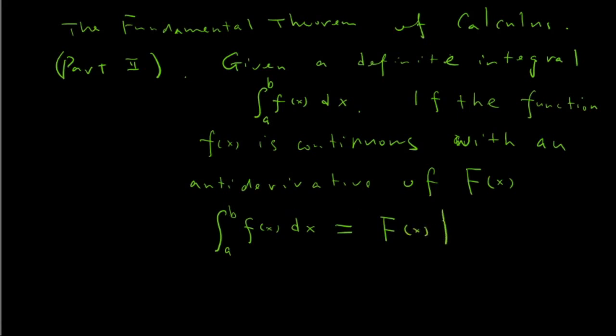You write the upper limit b in here, and the lower limit a in here. So that's a symbolic notation. The meaning of the notation is the difference between two values of the antiderivative. One value is the value of the antiderivative at the upper limit of b. The other one is the value at the lower limit of a.